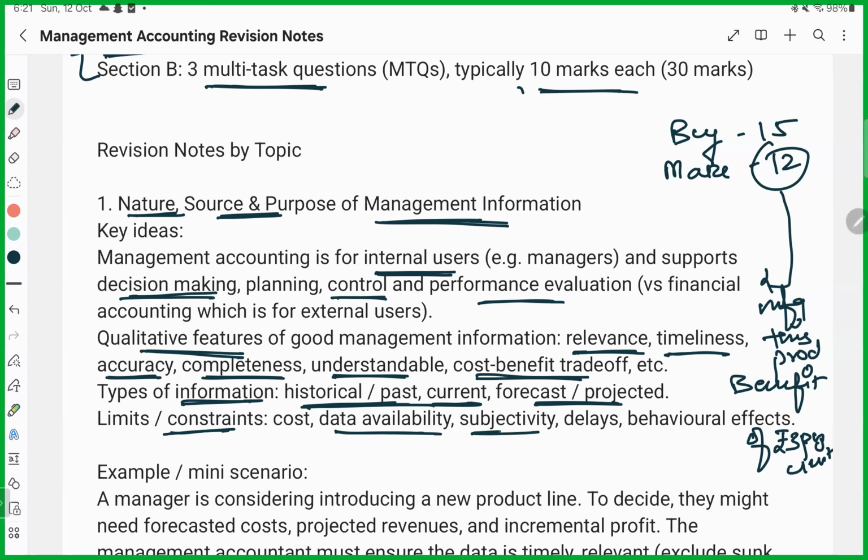Then there comes a problem of subjectivity. In the example that we took, the company has to achieve the revenue of 20 lakhs, and there can be a constraint of subjectivity. In what manner?